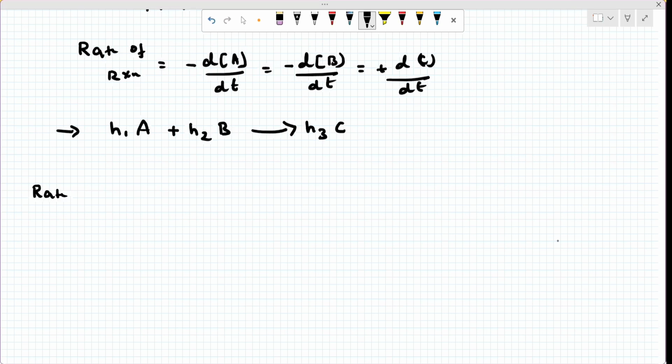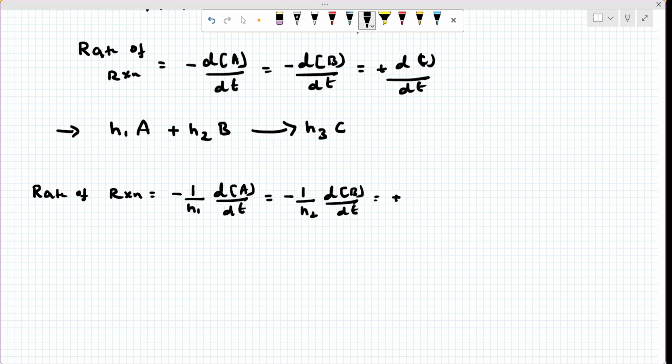Now what is the rate of reaction? Anyone tell me. Listen, we have to divide by the stoichiometry. Therefore, the rate is minus 1 by n1 into dA by dt, that equals minus 1 by n2 into dB by dt, that equals plus 1 by n3 into dC by dt.